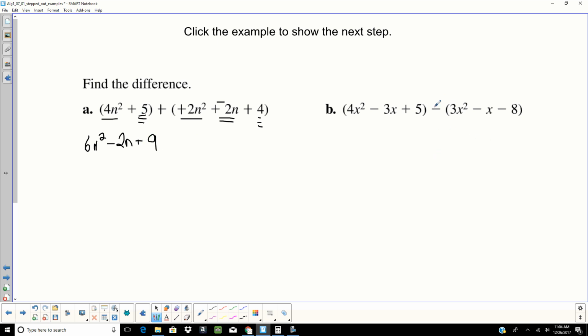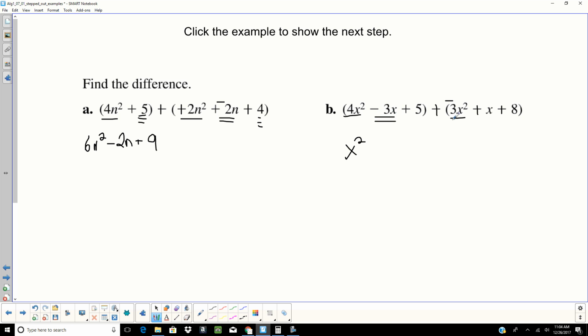So change your minus sign to a plus, and then everything in that parenthesis changes. So 4x squared plus negative 3x squared is just 1, so I'm going to have 1x squared.